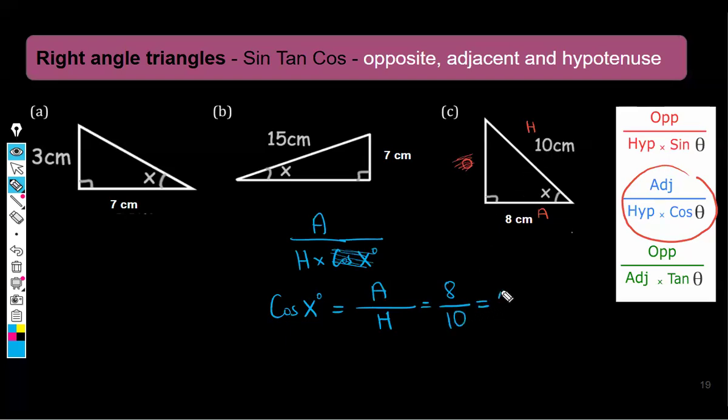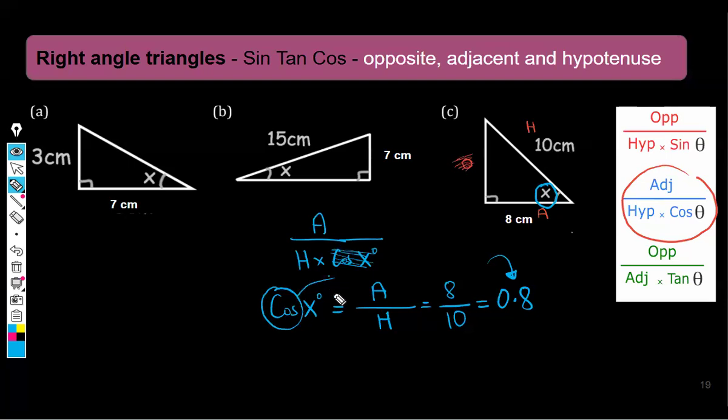So when you divide it, you get 0.8. But so many people stop the question there like it's correct. But I thought the aim of the question was to solve for angle X, not cosine X. I remember for every single question where we had to find angles, we had to get rid of the cosine.